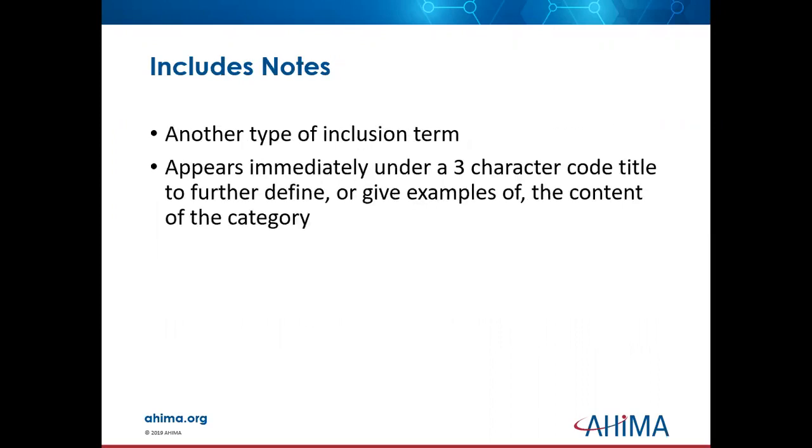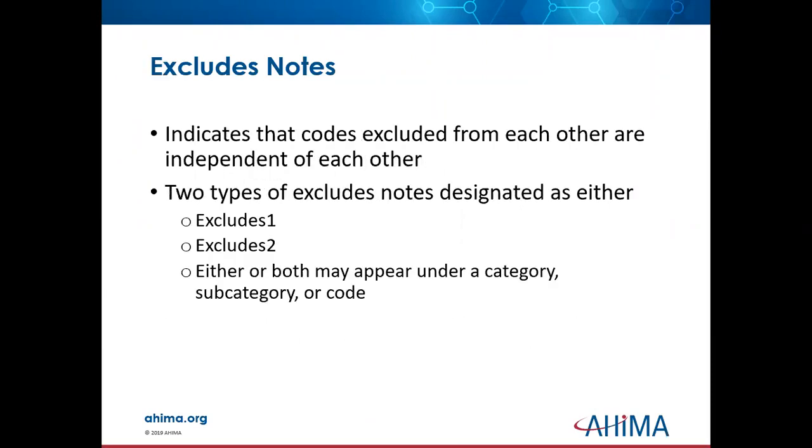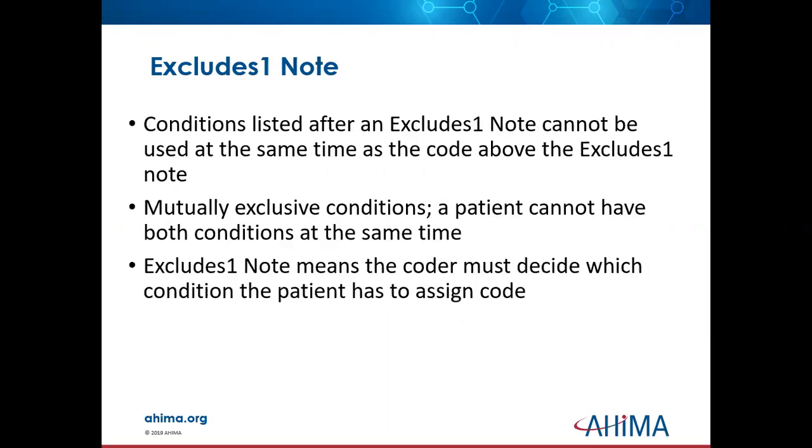Includes is going to include other terms that will map us to that 3-character code title. Excludes means that we can't have codes with this. They're independent of each other. And there are two types: excludes 1 and excludes 2. Excludes 1 means that the code can't be used at the same time as the code from the excludes 1.